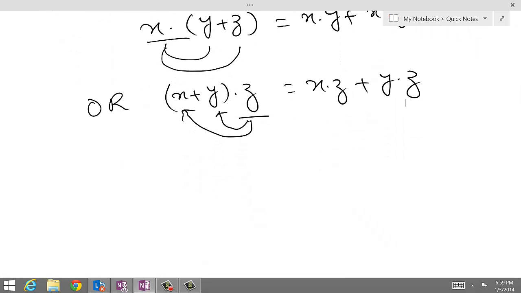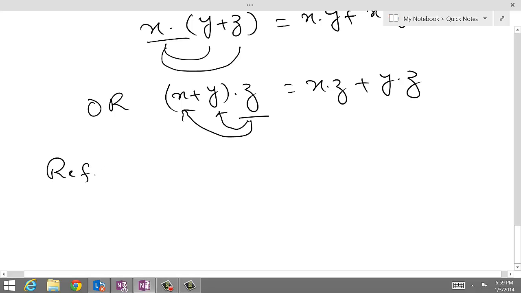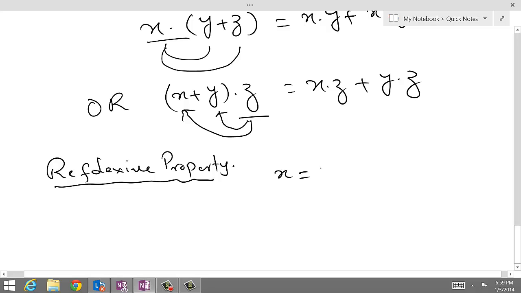And now a reflexive property. These are the properties with respect to equality. This means that x is equal to x, that x is related to itself. x is equal to itself.